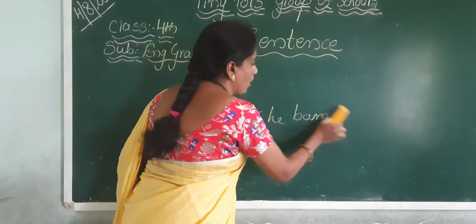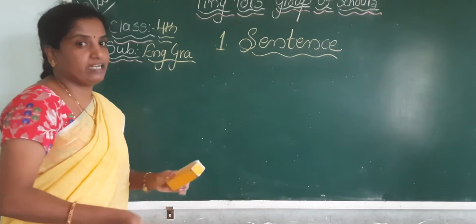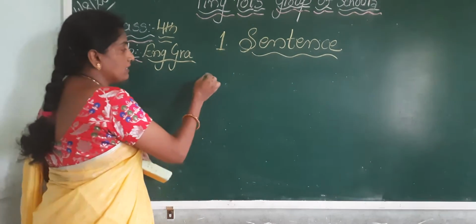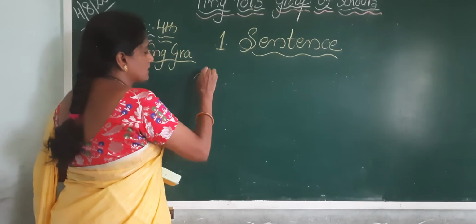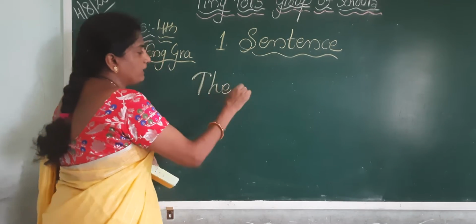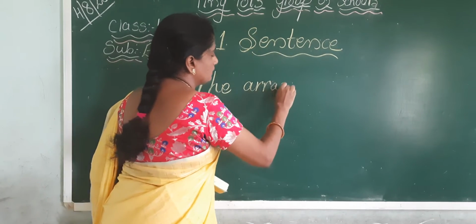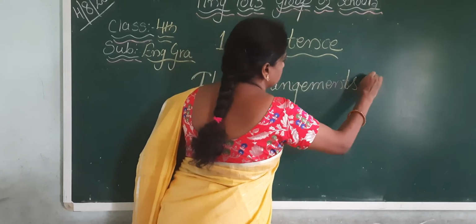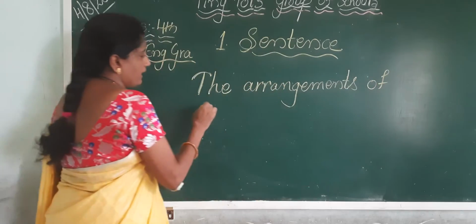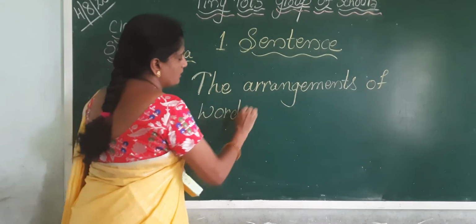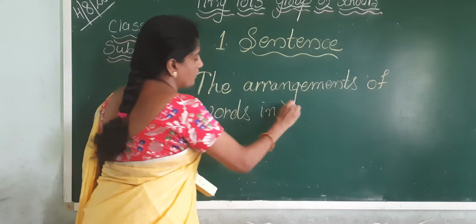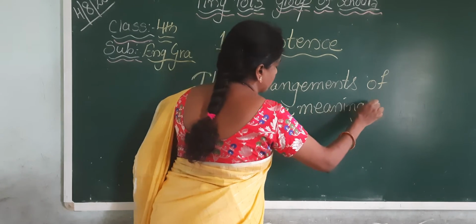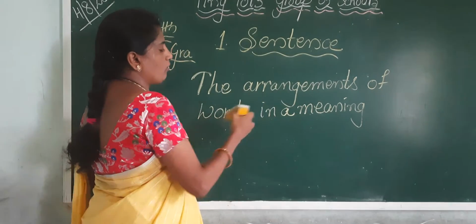Now, here we got the definition of the sentence. Let us have a look at the definition of the sentence. What is a sentence? The combination of words, or the arrangement of words in a meaningful manner, or in a meaningful sense.